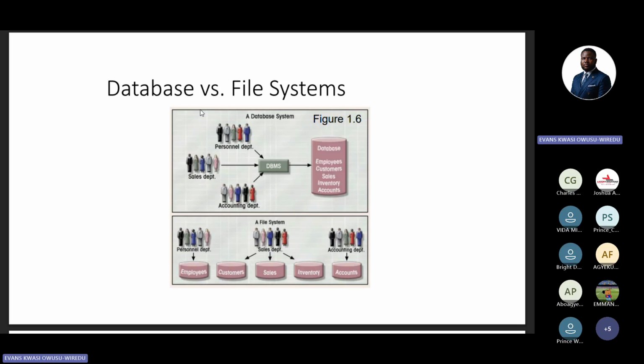So with the DBMS, as I was saying, you have different departments accessing the same centralized system, but you see it's evenly distributed to everyone. Everybody has access to it the same.